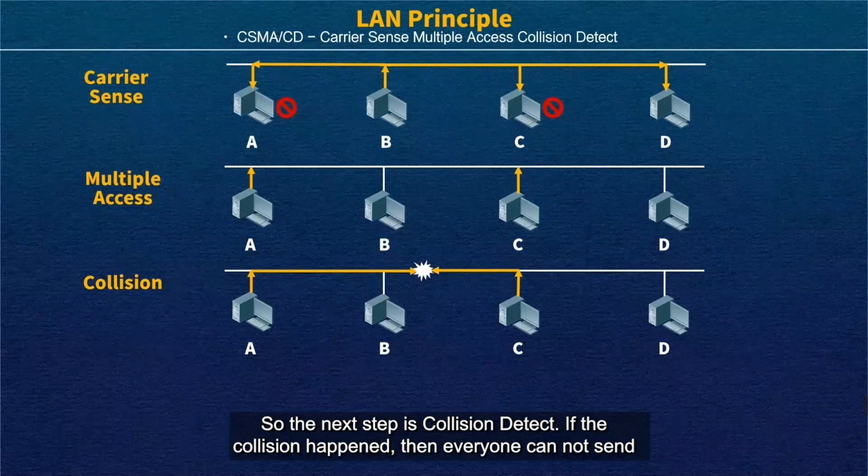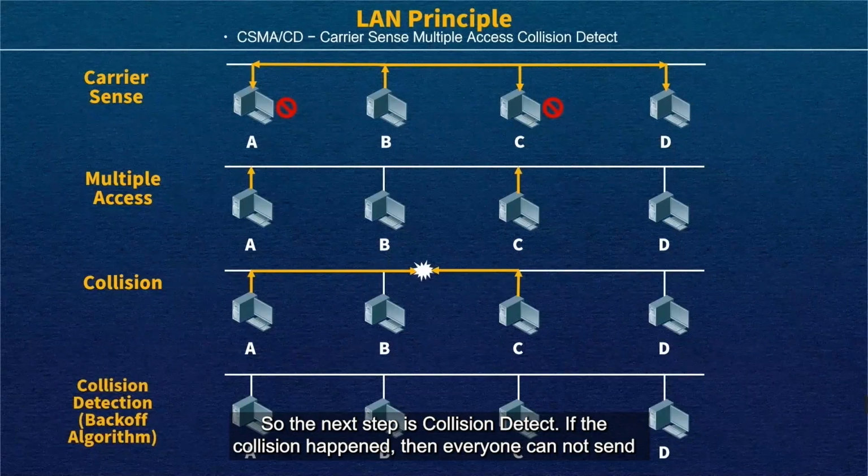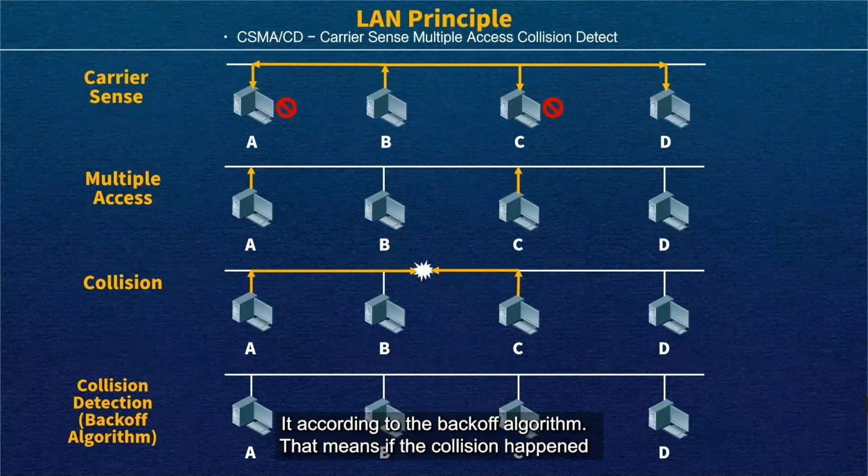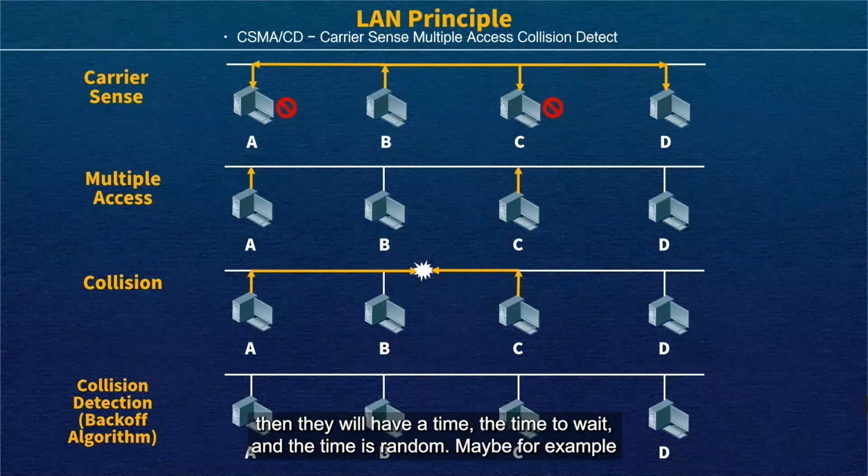So the next step is collision detect. If a collision happens, then everyone stops sending and waits. When can they send the message again? According to the backoff algorithm, if a collision happens, each host gets a waiting time, and this time is random.